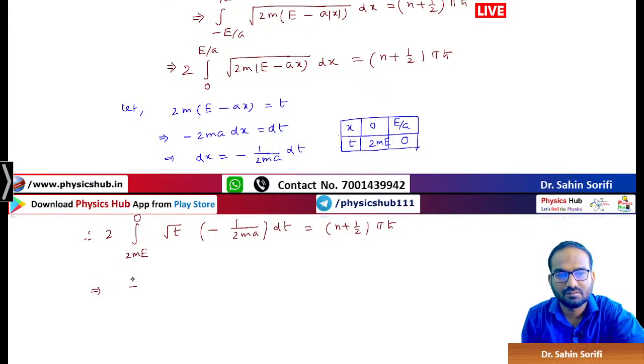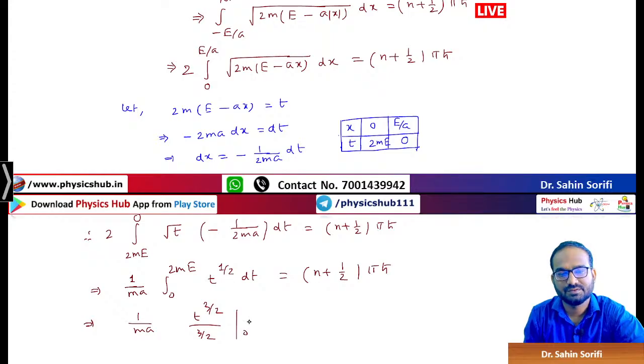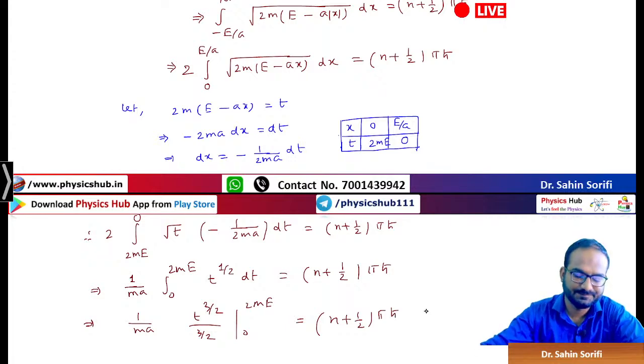So the 1 upon 2 gets cancelled, giving 1 upon m a, integral from 0 to twice m E of t to the power half dt, equals n plus half pi h cut. That is 1 upon m a, t to the power 3 by 2 divided by 3 by 2, from 0 to twice m E, equals n plus half pi h cut.